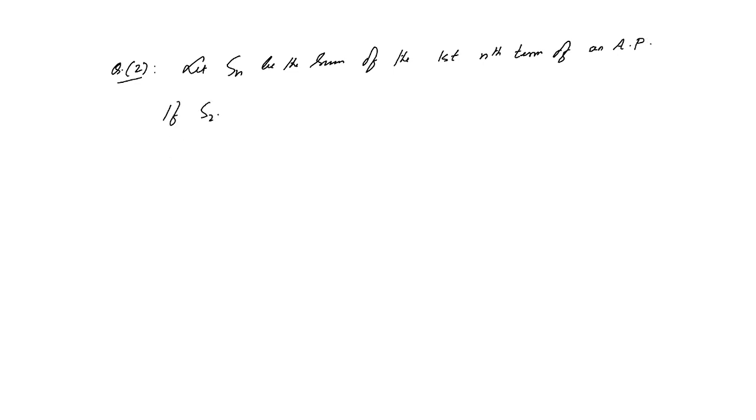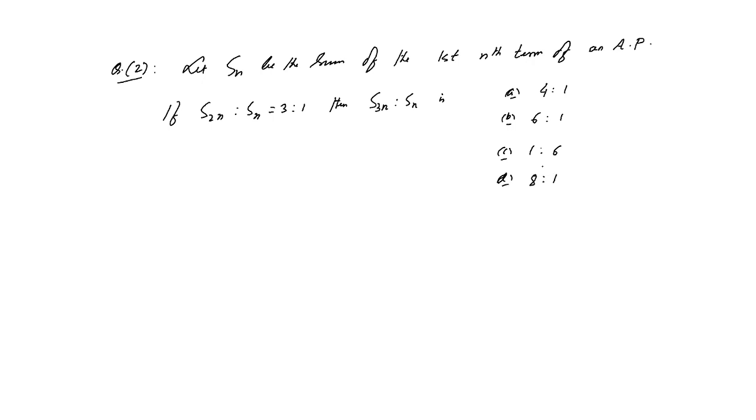If S2n to Sn is 3 to 1, then what should be the ratio of S3n to Sn? Option A, 4 is to 1; option B, 6 is to 1; option C, 1 is to 6; and option D, 8 is to 1.